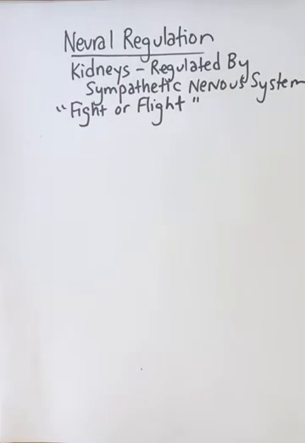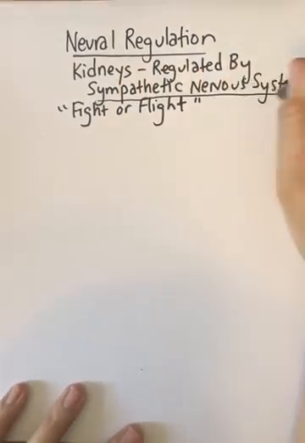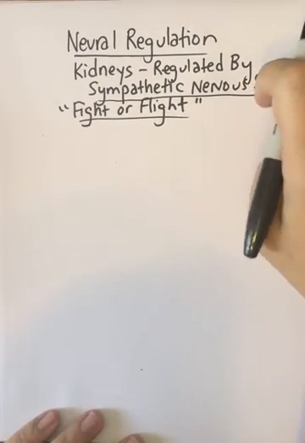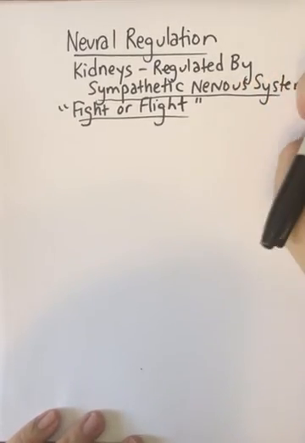Now, during fight or flight, you have to remember that you're stressed out. So maybe you're stressed because something impaled your abdomen. So we need to minimize fluid loss. Remember, fight or flight, no urination, that's parasympathetic, SLUD: salivation, lacrimation, urination, defecation, digestion.